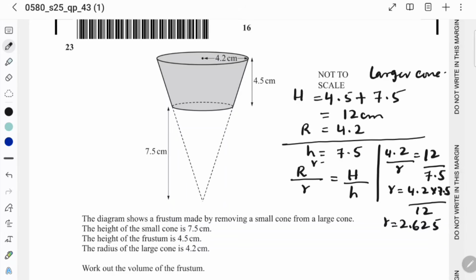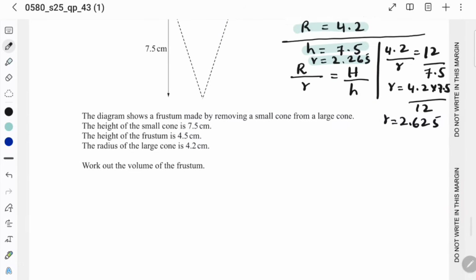So the radius of the smaller cone is 2.625. So we have all the dimensions. The height of the bigger cone is 12, and the radius of the bigger cone is 4.2, the height of the smaller cone is 7.5, and the radius is 2.625. All the dimensions are in centimeters.